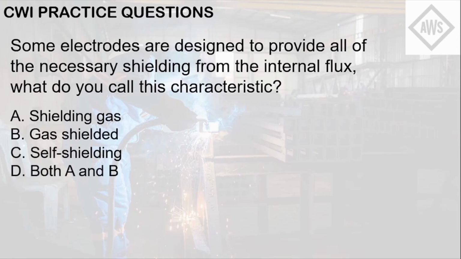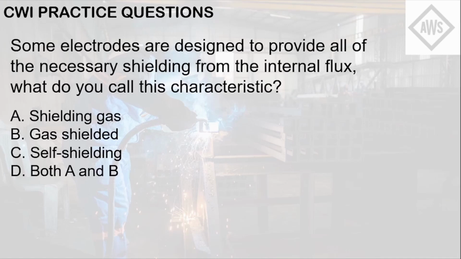For GMAW and FCAW, sometimes you need a separate shielding gas input to protect the weld from atmospheric gases. For FCAW, one advantage is that it can be self-shielding. Self-shielding means that the necessary shielding for the welding process comes from the internal flux.